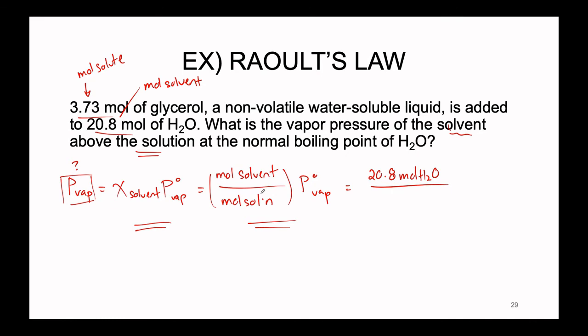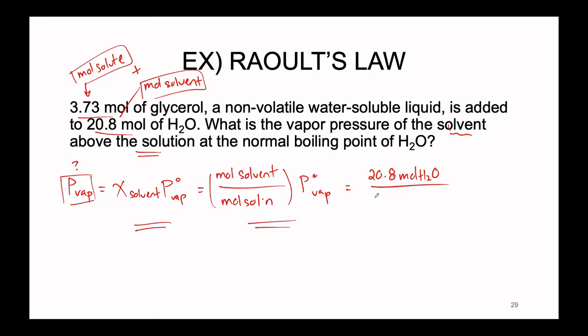Now here's something that we also have in common with our previous lecture. Anytime a label corresponds to the solution, this will be equal to the sum of the solute and the solvent. So even though moles of solution is not explicitly given to us, we are told what the moles of the solute and the moles of the solvent are.